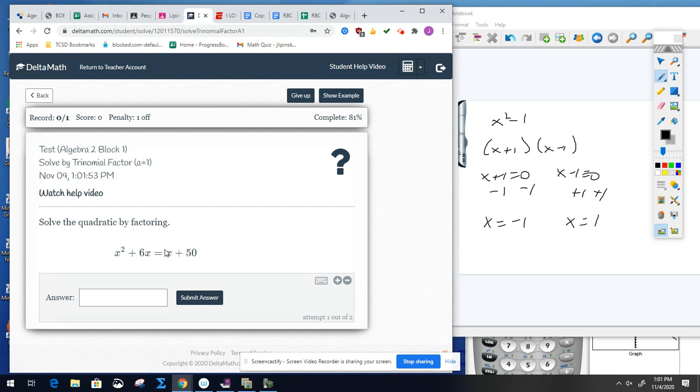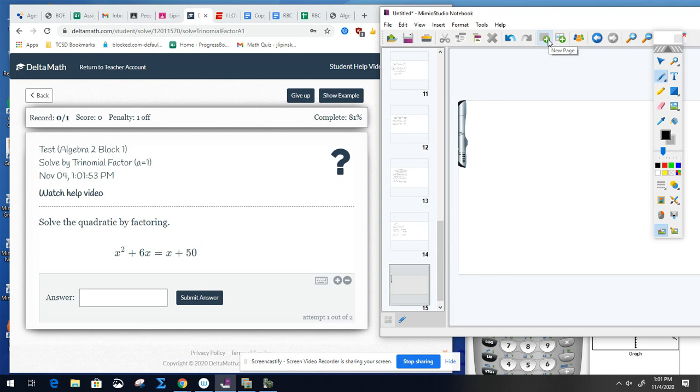All right, solve the following quadratic by factoring, which means I need to set it equal to 0 first and then use the zero product property. So I have x squared plus 6x equals x plus 50. I subtract x, I subtract 50. So I've got x squared plus 5x minus 50 equals 0. So now I'm going to factor this.